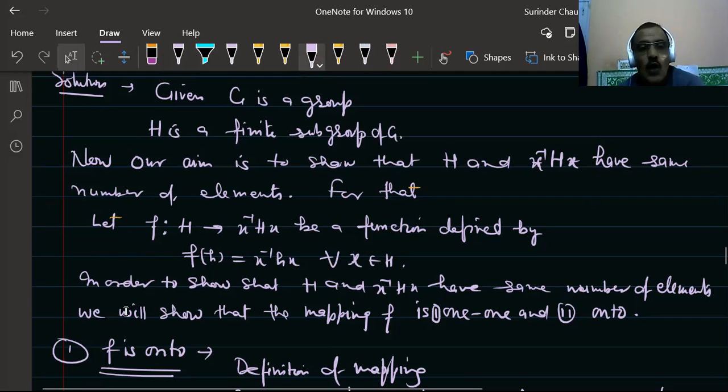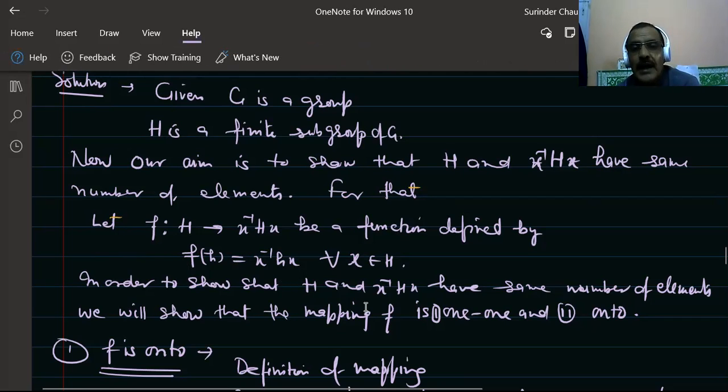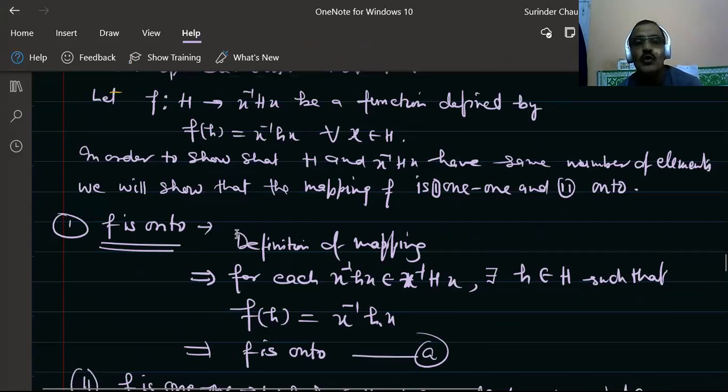In order to show that H and X inverse Hx have the same number of elements, we will show that the mapping is 1-1 and onto.